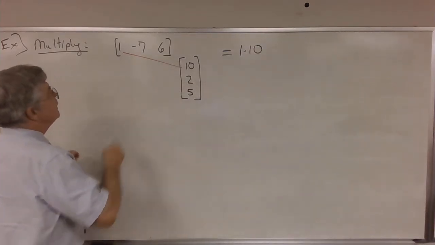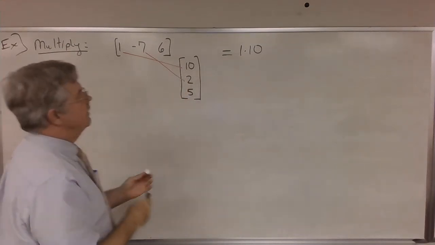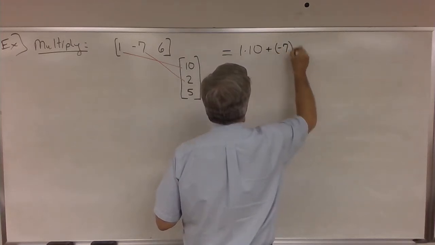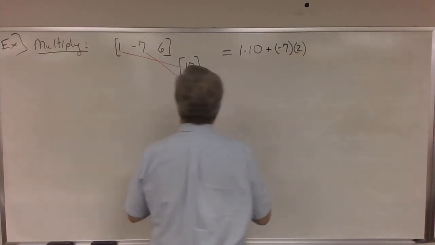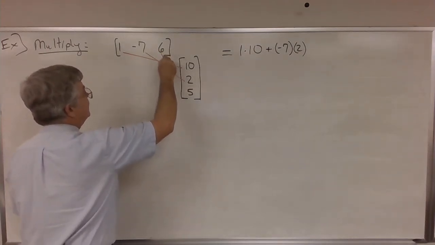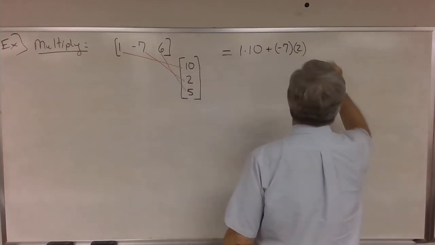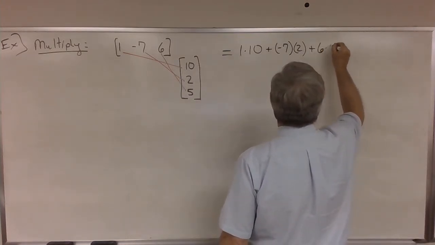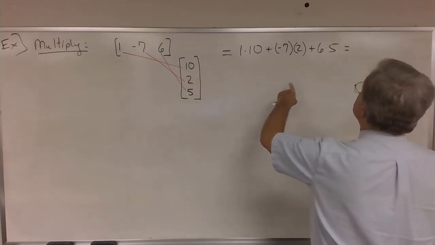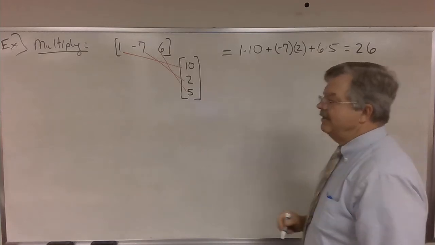We take the second element of each and multiply them together. And we take the third element of each and multiply them together. -14 is -4, plus 30 is 26. Okay, there we go.